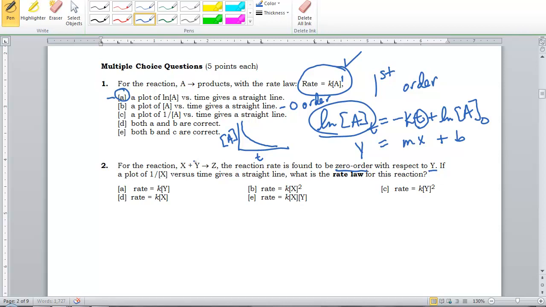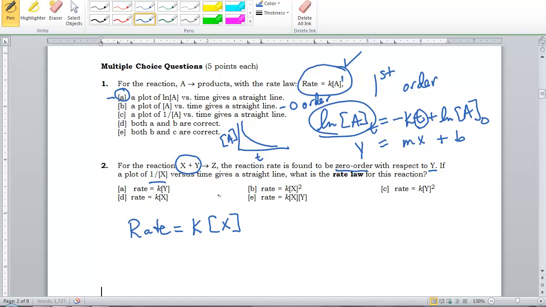All right, so that's important. So here are our two reactants, x and y. So it's essentially telling you y is not in the rate determining step. So our rate law is just going to depend on reactant x.